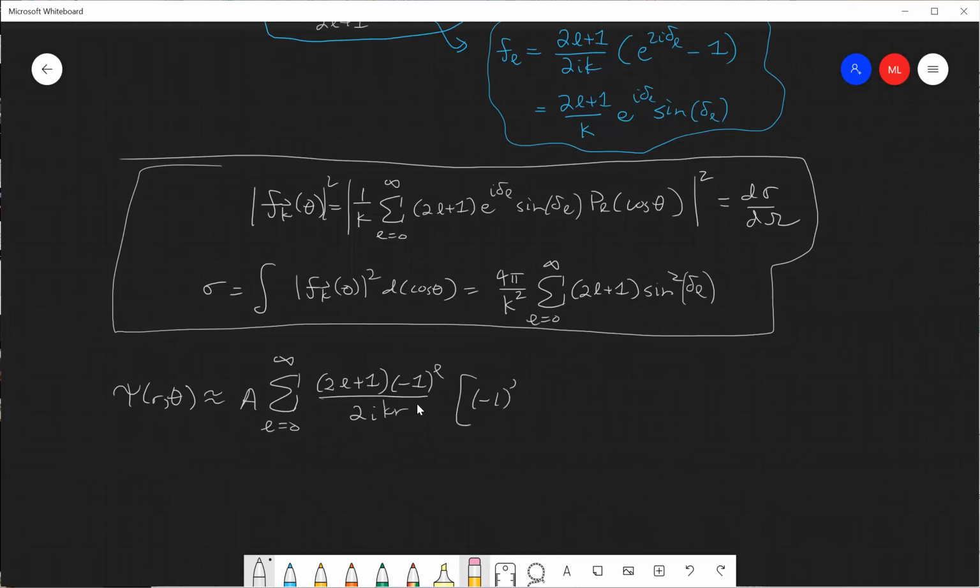If we solve for AL and so on, we write out that asymptotic solution in terms of the phase shifts. Then you get the following thing.